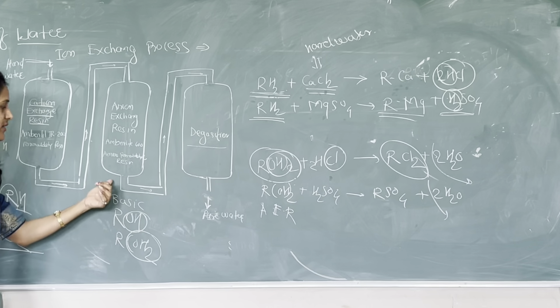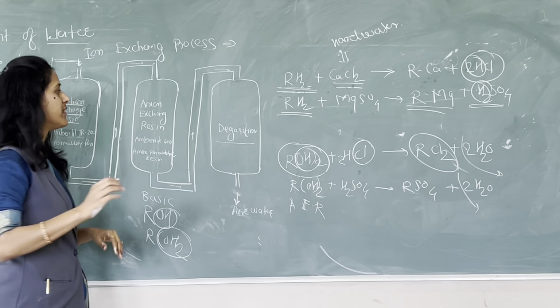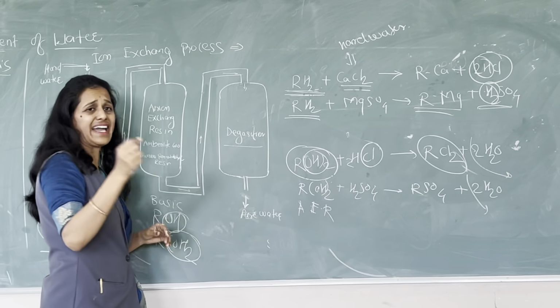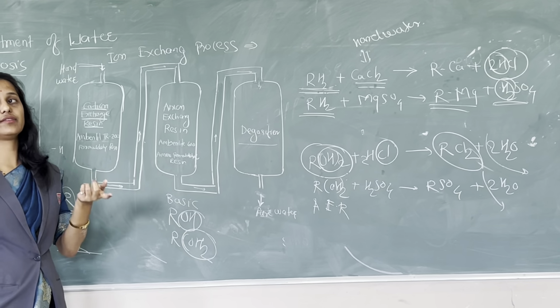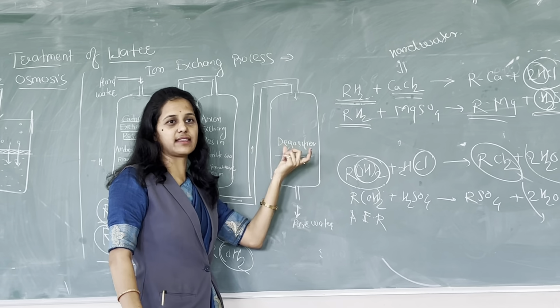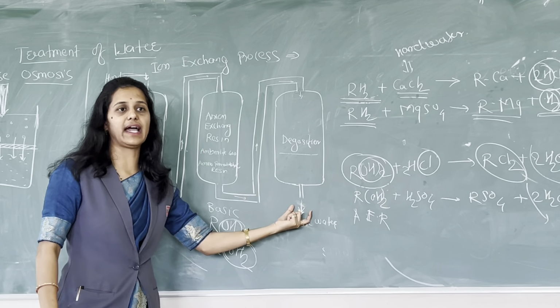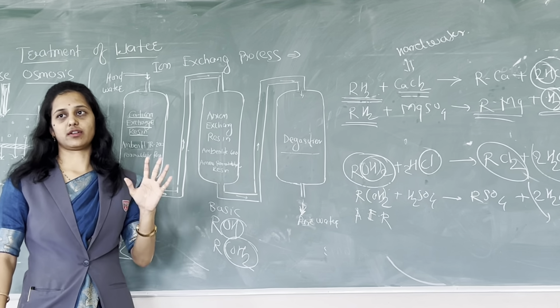So the water coming out from the second tank is now pure, but if some gases are dissolved in the water, they get separated at this third stage, and the water coming out from the third tank is pure water.